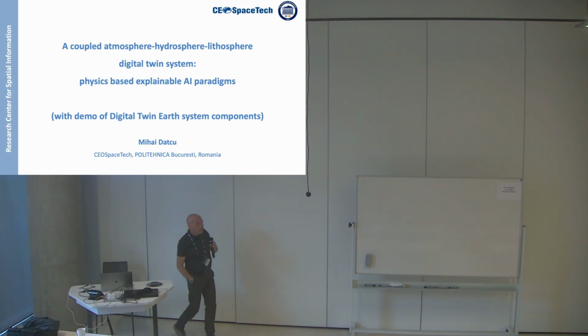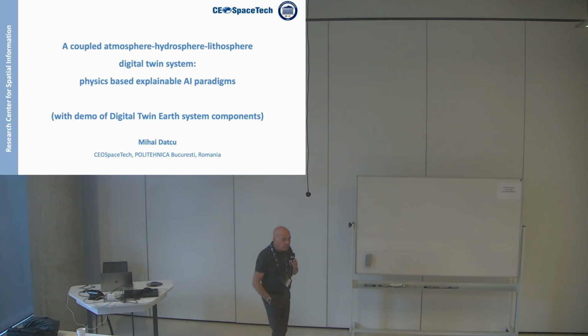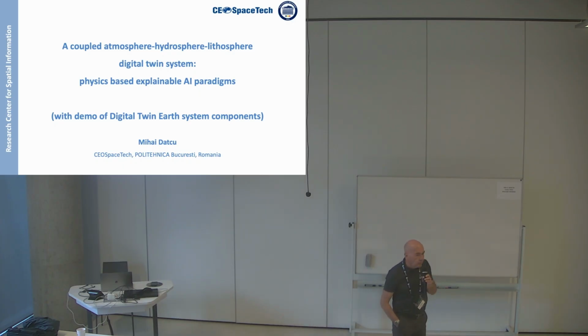So today's tutorial is about artificial intelligence, mainly physics-aware artificial intelligence. I make a short presentation now, but later I will go in detail. In my opinion, physics-aware artificial intelligence is a very particular field for Earth observation, but also for other instrument data.